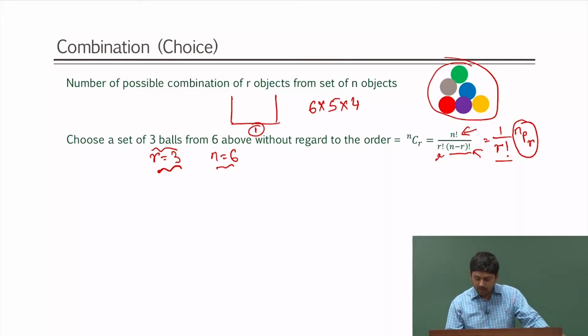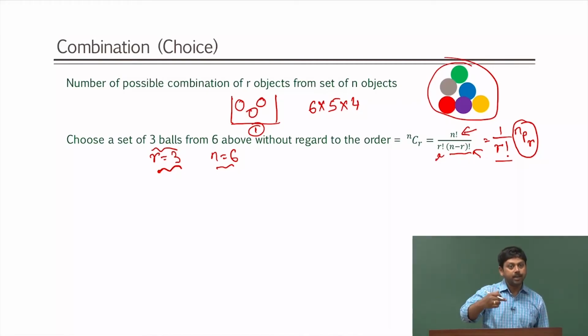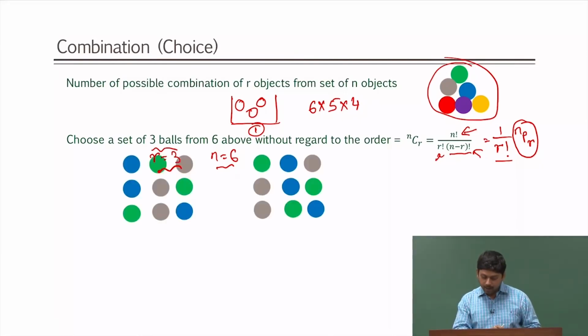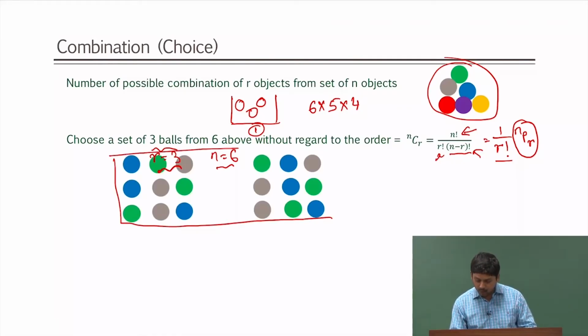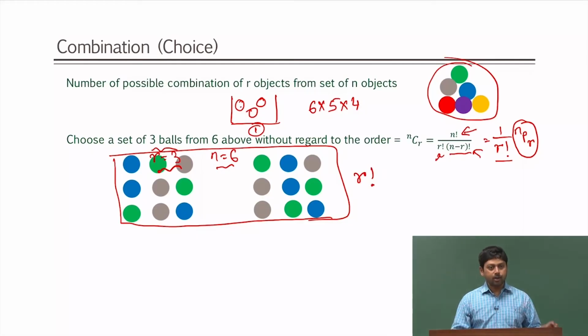But once I choose my 3 balls and put them here, they are all indistinguishable. In the same box they do not have a separate identity. We do not care which came first, which came later, as long as they are there. And that situation says that there are factorial r ways I can distribute them inside the box, which are all equivalent. So, this is factorial r. Factorial 3 is nothing but 6.